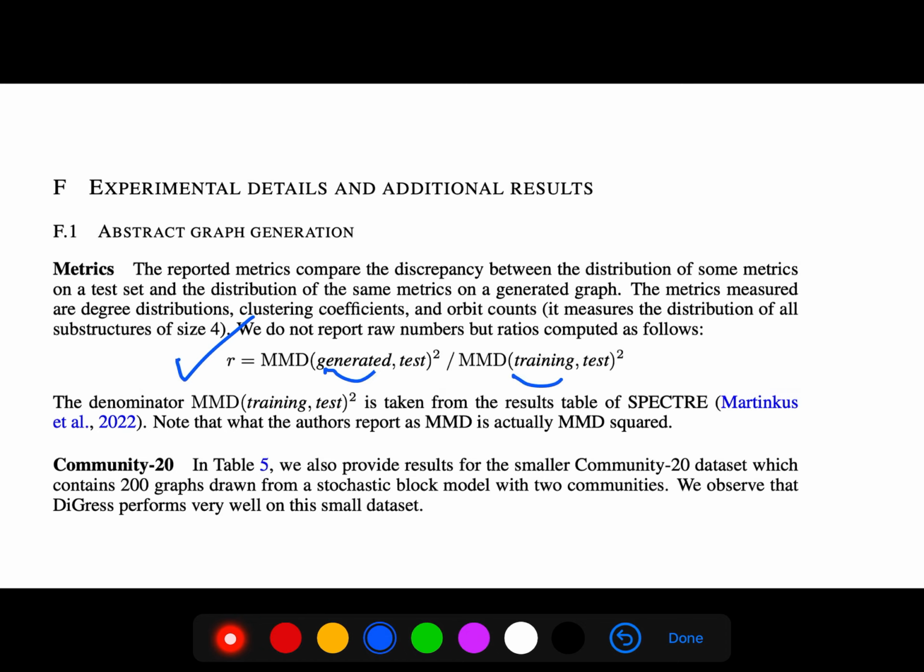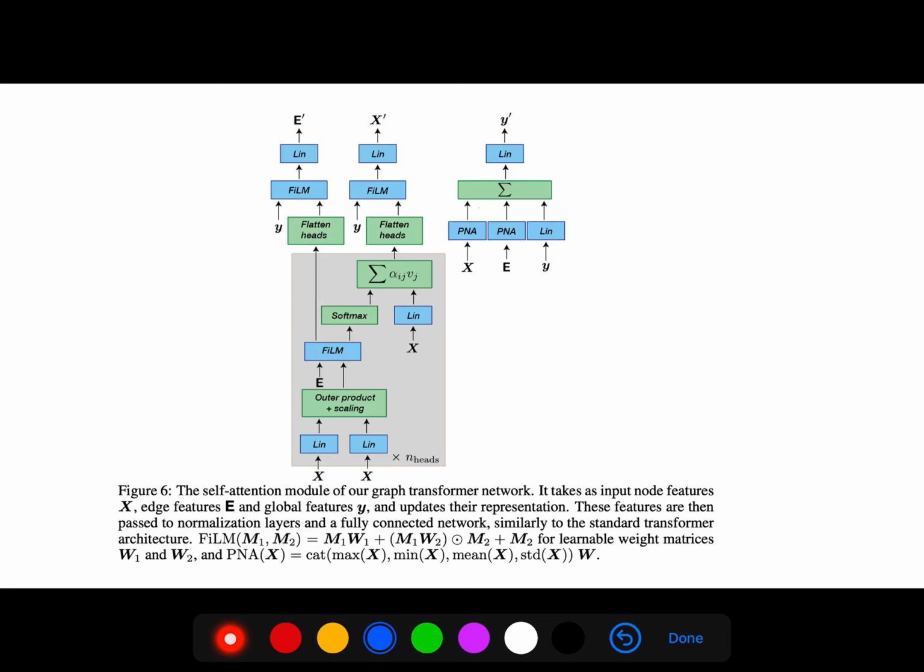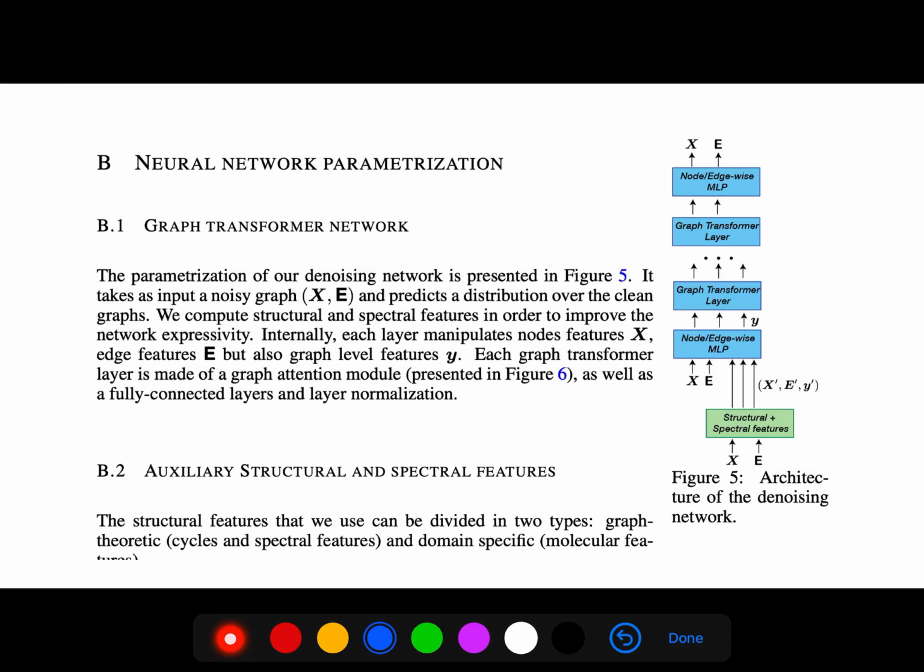So it means the ratio is high if the generated MMD is not similar to the training and test one. And this is the architecture; you can use any graph transformer. This particular one is interesting because you can also add edges to that, not only node type but edge type, also the property, global features.